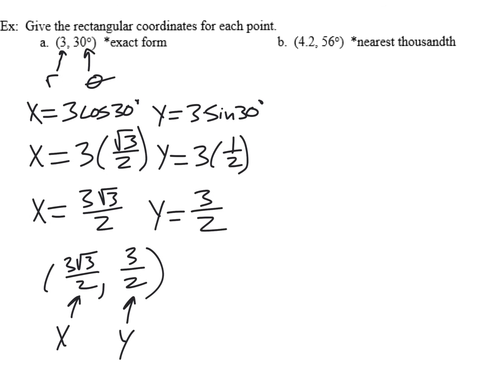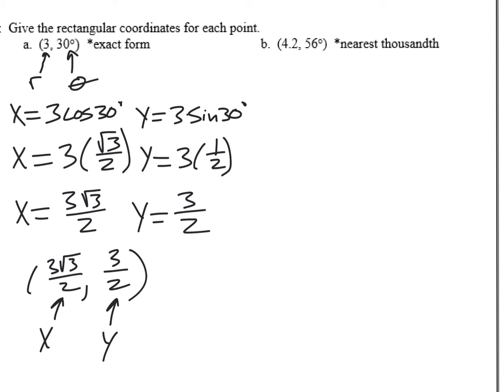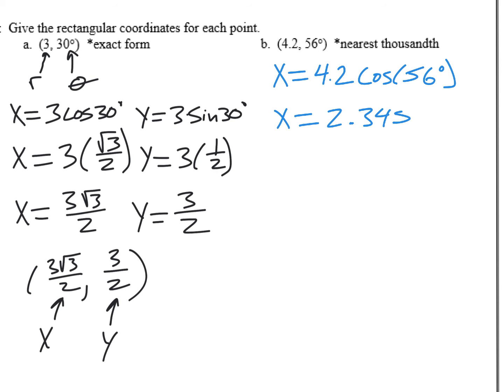The last case over here is going to be a decimal approximation. That just means we'd use the calculator. Would not change anything about how we go about doing it. Here's R times cosine of theta. It says to round it to the nearest thousandth, which would be 2.345.